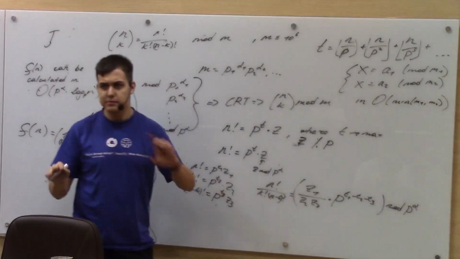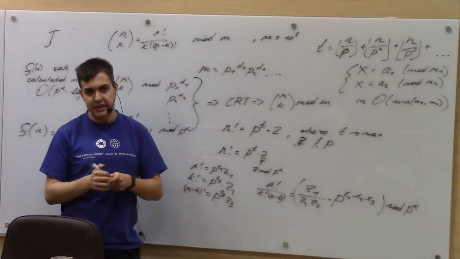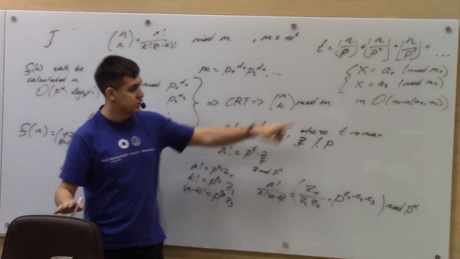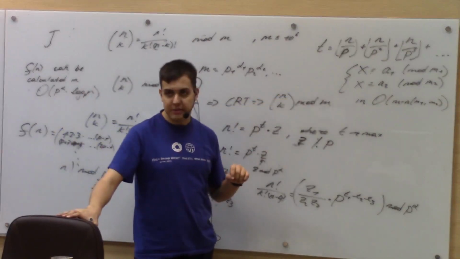So you don't need any fancy algorithms. You don't need extended Euclid here to solve the Chinese remainder theorem.